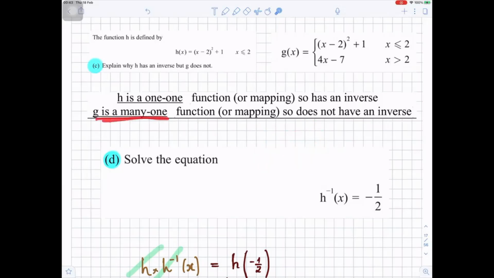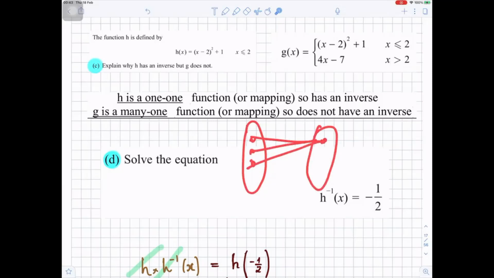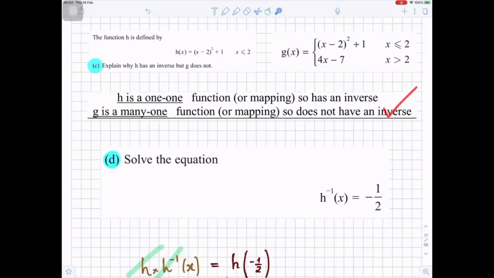But g is many-to-one. Many-to-one is like you have 1, 2, 3, all of them go just to 1. So that's many-to-one, so it does not have an inverse. g of x is many-to-one, so it does not have an inverse. h of x is one-to-one, and it has an inverse. So remember the difference.